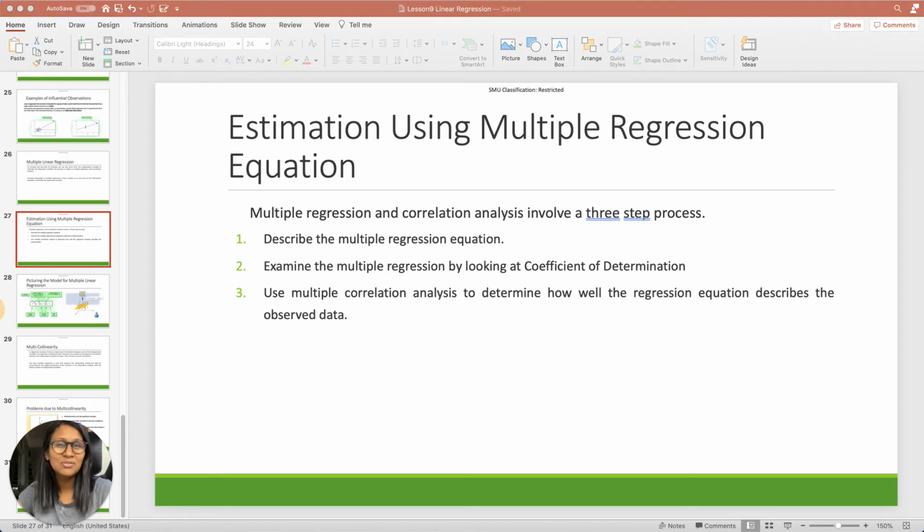Basically, when you're building a multiple linear regression model, first you come up with your equation, then you examine the R square and other performance criteria of the equation, and then you can use multiple correlation analysis to determine how well the equation fits with the data, and also look at the specific relationships that you found between Y and the different X variables.